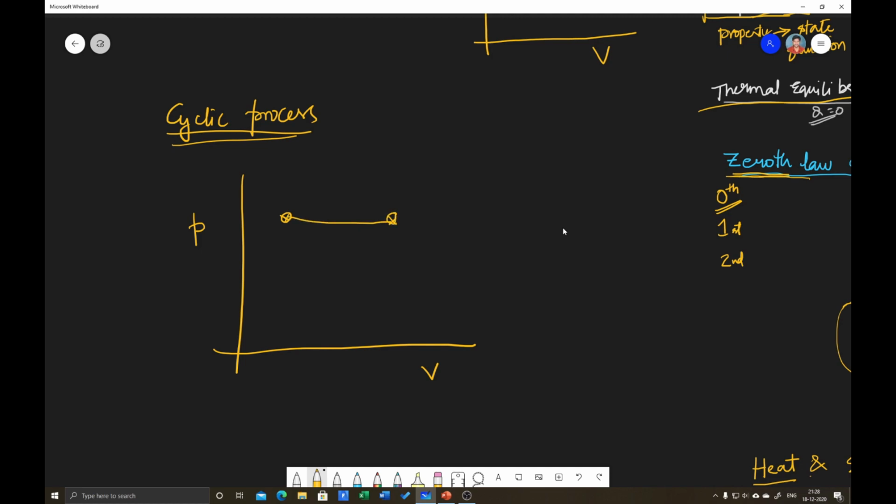So there is one process from 1 to 2, and another process from 2 to 3, and finally it has come back to 1. So this is the process. We can say that 1, 2, 3 is a cycle or cyclic process.